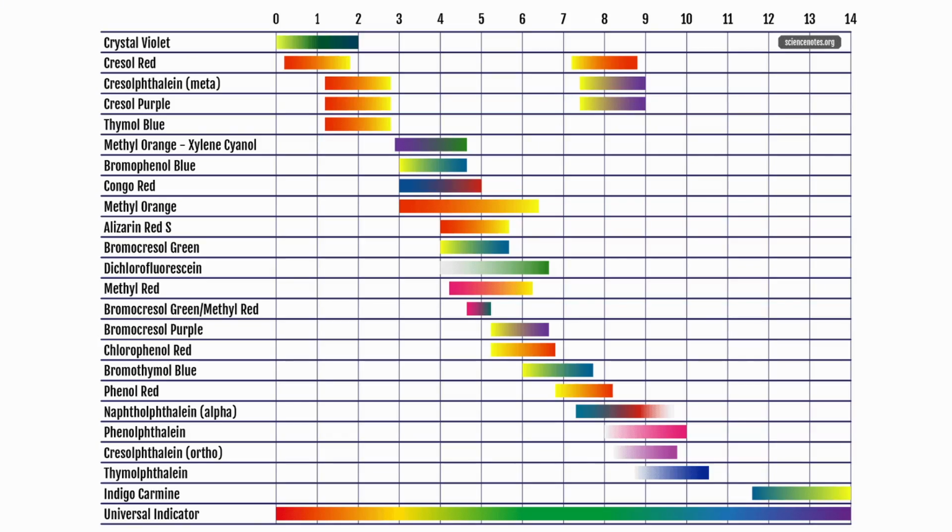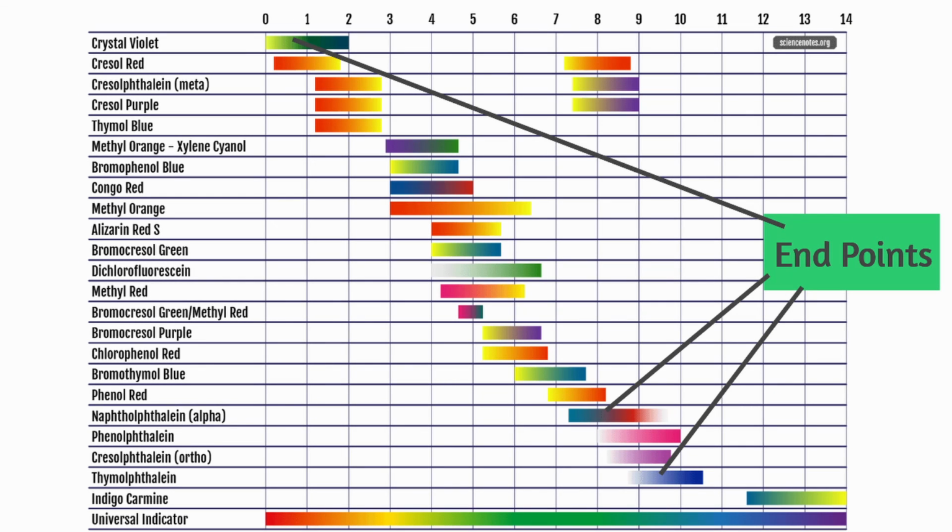For example, there is methyl violet, thymol blue, litmus, etc. The indicators make different colors and change at a different pH. The change at the different pH is called an indicator's endpoint.